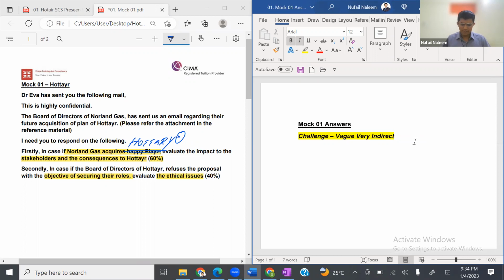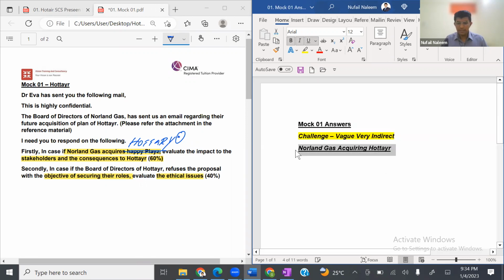It's, I can say, indirect. Nolan Gas acquiring Hottayr. That is one major point of view. Nolan Gas acquiring which company, students? Hottayr. I believe it is very easy to understand.